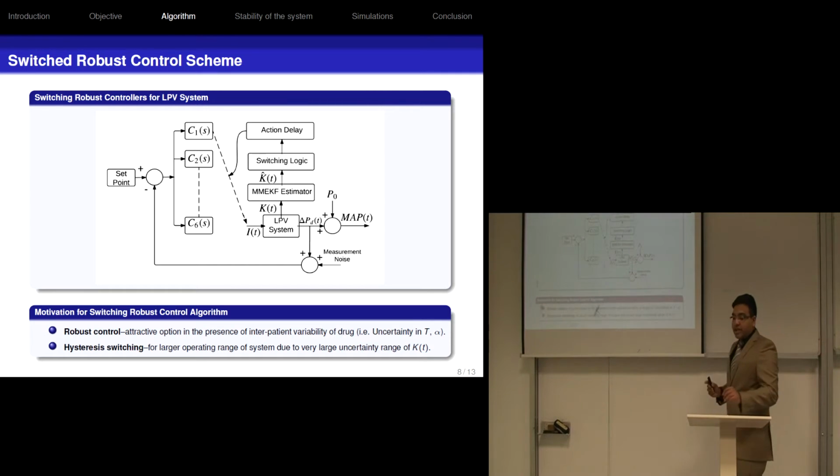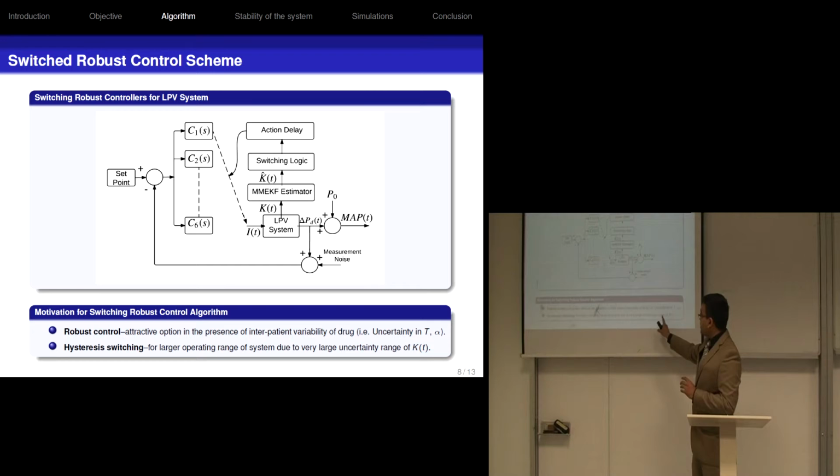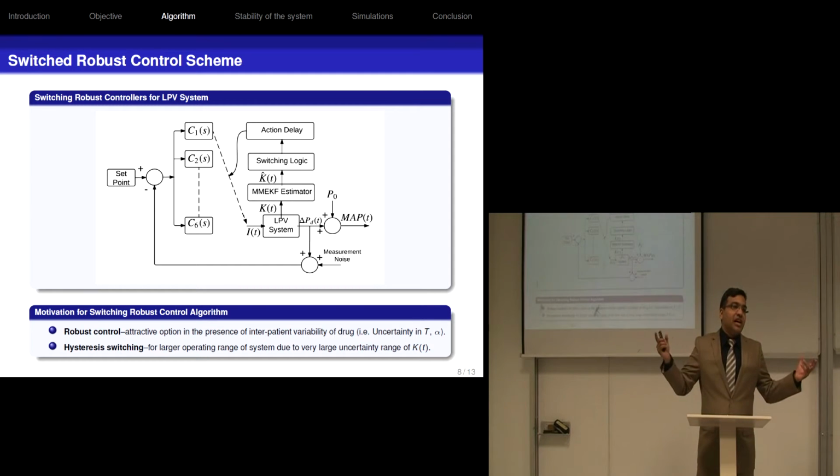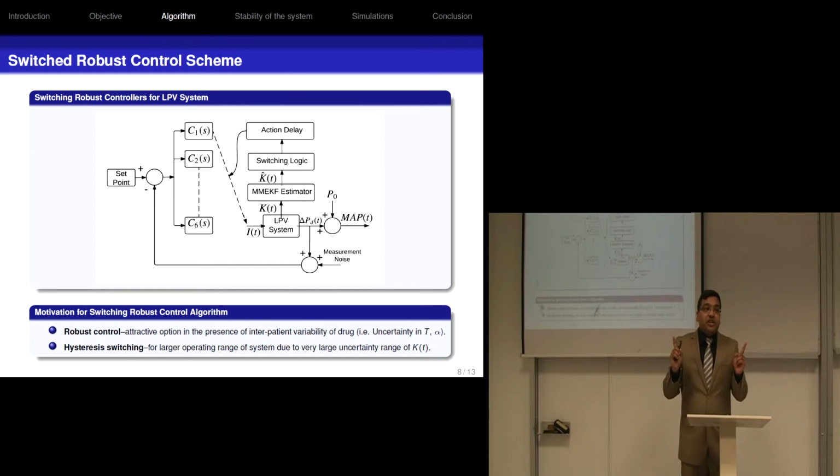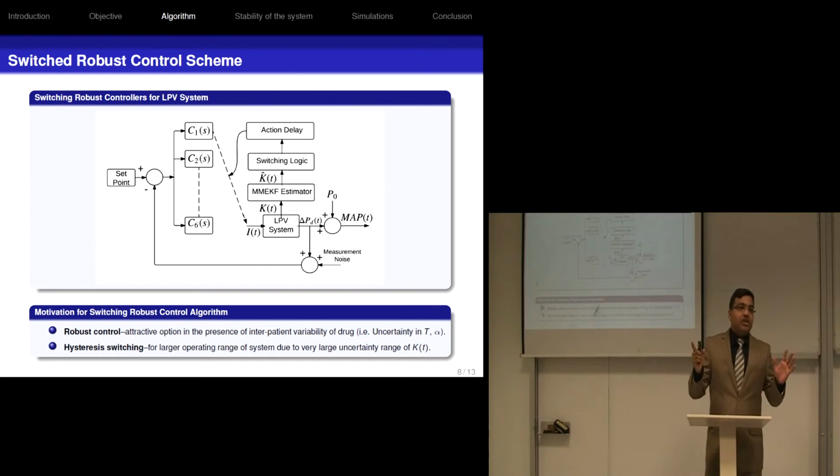But the most important thing is hysteresis switching. This block diagram is not only a single patient. These are infinitely many patients, and even if a person is an outlier, we have tried, from the literature, to put every patient in this framework.